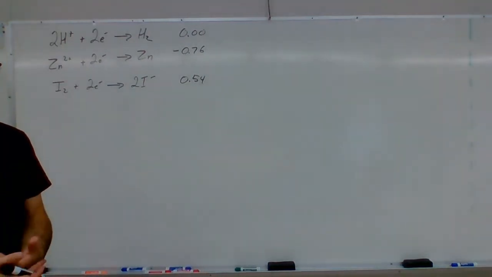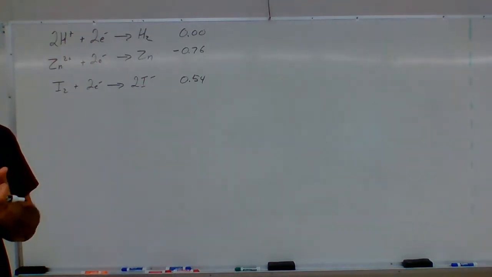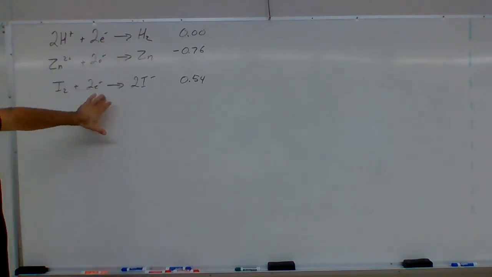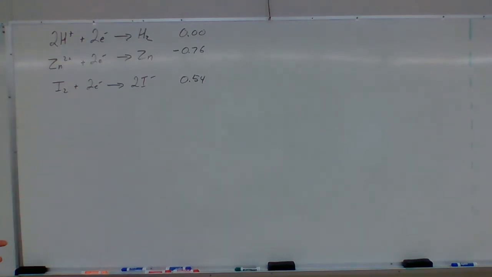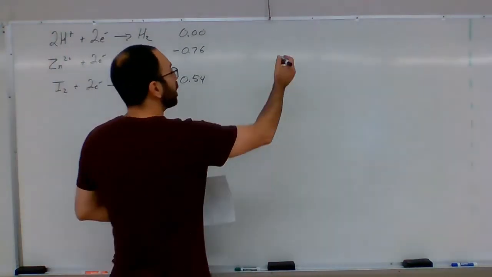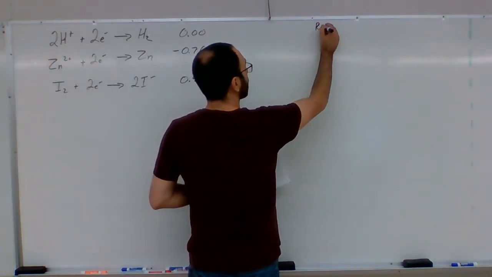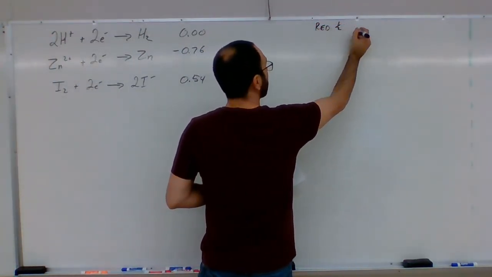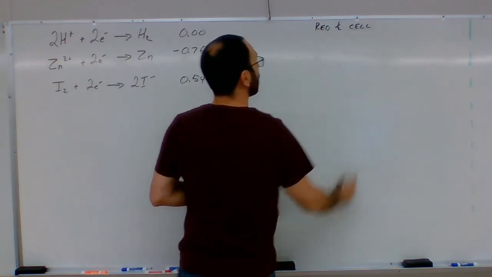So given these three reductions, we need to figure out what is going to be the preferred reaction. So I'm going to write this out, and I'm going to do a chart. I'm going to do my reduction half cells along the top, and I'm going to do my oxidation half cells down the side.